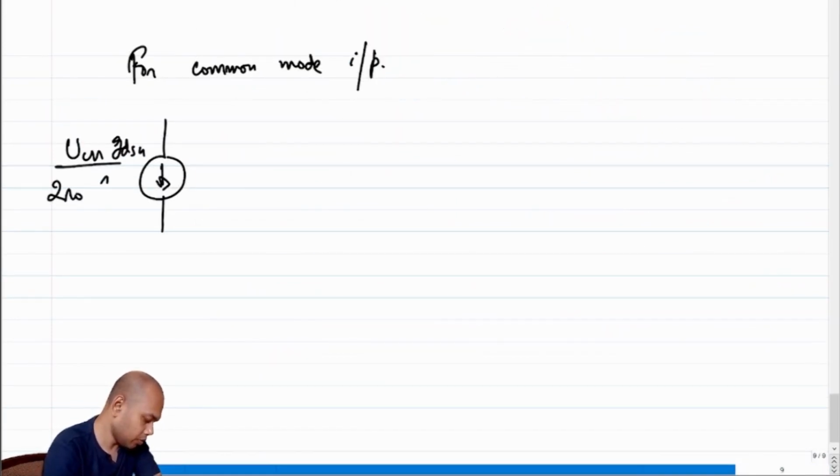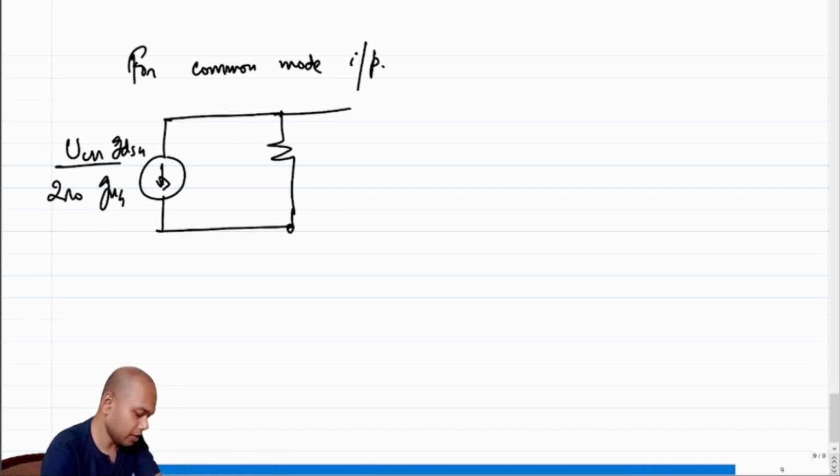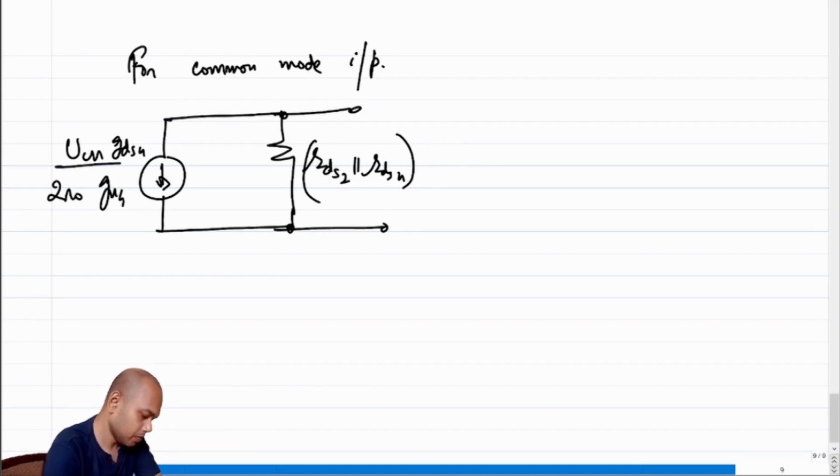And what is the output resistance? Output resistance doesn't change. That is whatever we figured out in the previous module, that is RDS2 parallel RDS4, right? So this becomes the VOCM. And for differential mode, what was it?